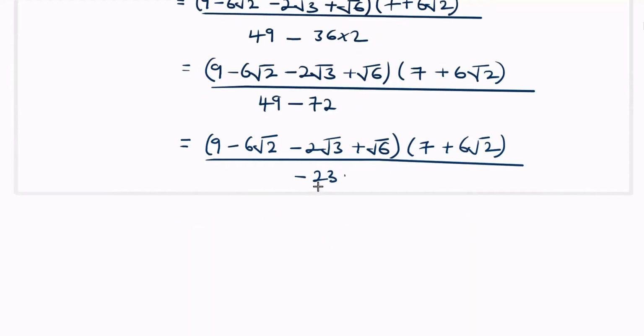And we can see that we have fully rationalized the denominator. So the denominator is a rational number. Therefore, as you simplify the numerator, you have the rationalized surd, whereby the denominator is a rational number.